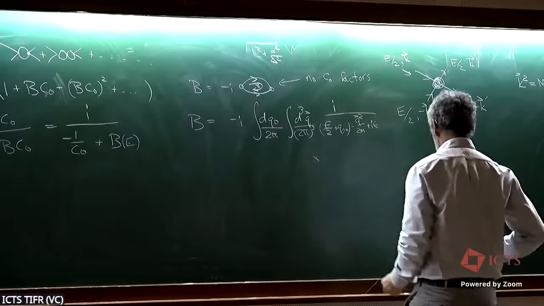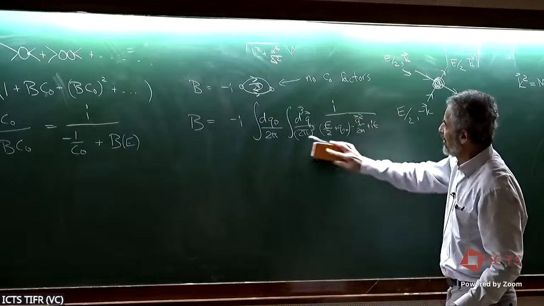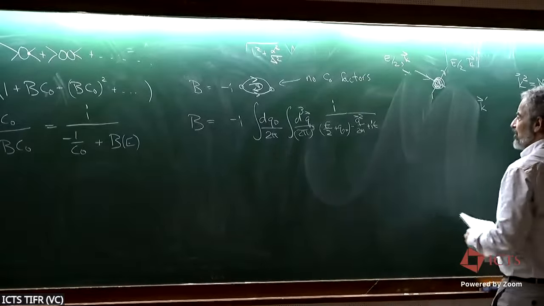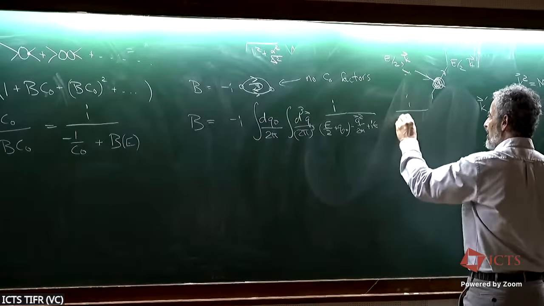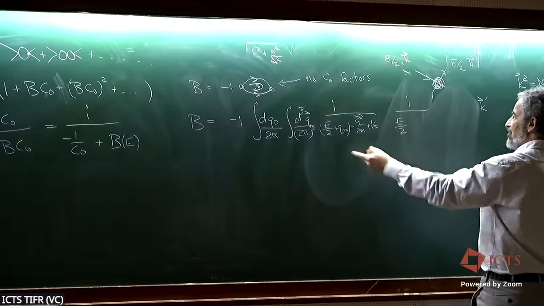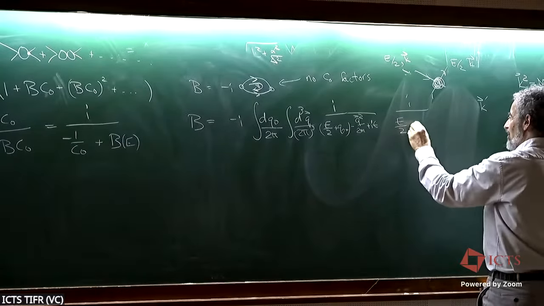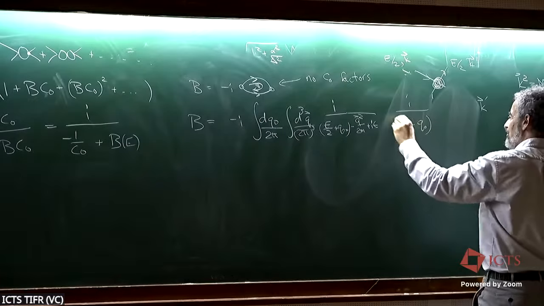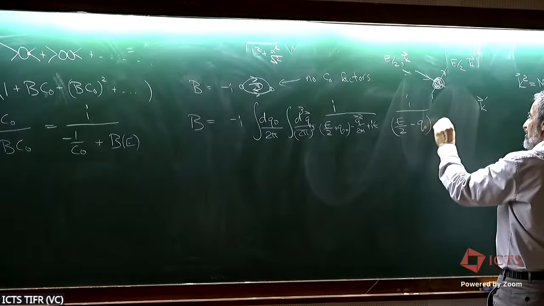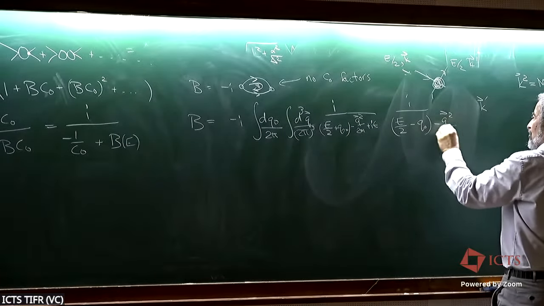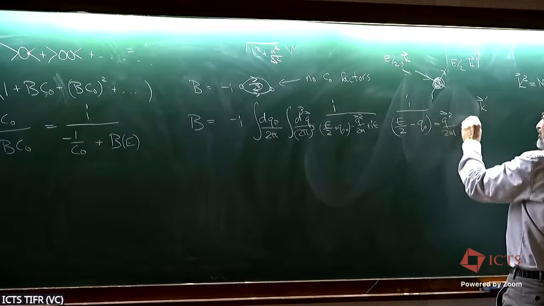And then I have a second propagator, which is equal to i over E over 2, and then because the Q is now going against the arrow, I have a minus Q0 here, and then minus Q squared over 2m plus i epsilon.